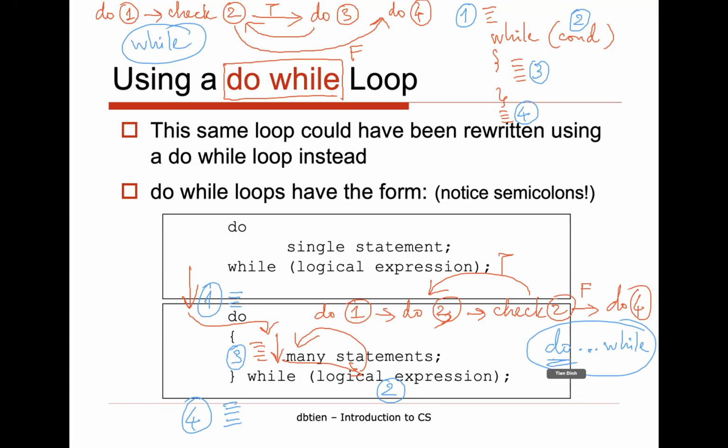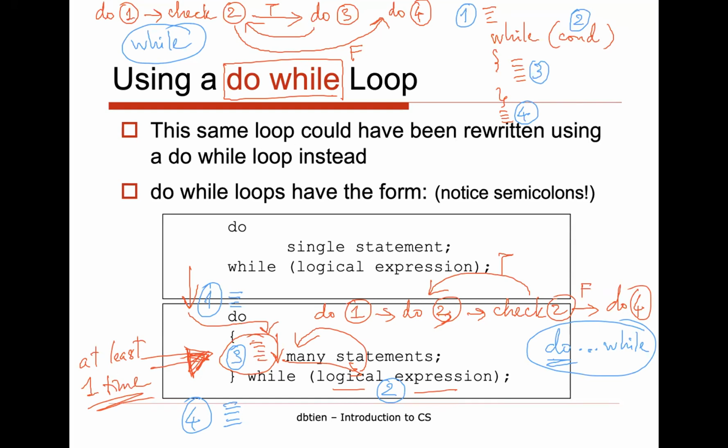So look here. If you look into number 3, this is the key difference. The number 3 here will always be done at least one time in the do while loops. Regardless of whether condition number 2 is true or false, we don't care.